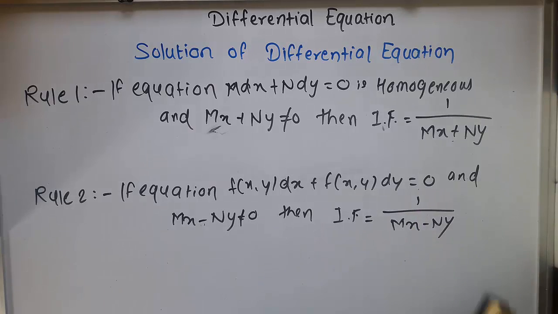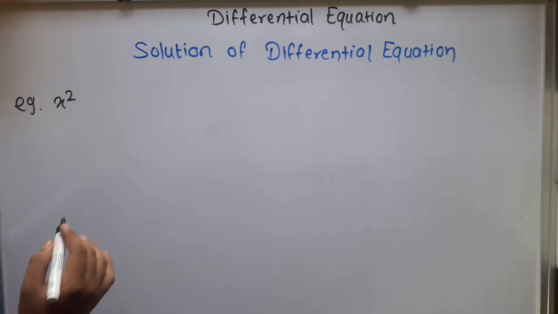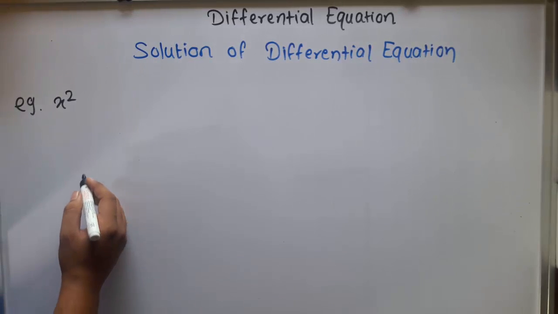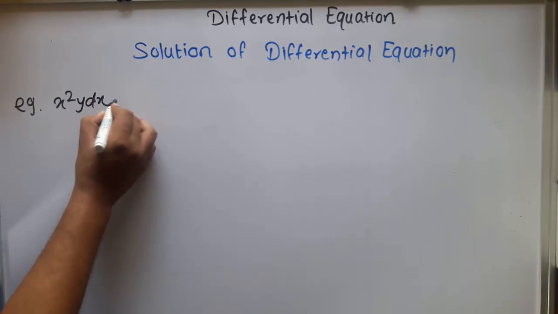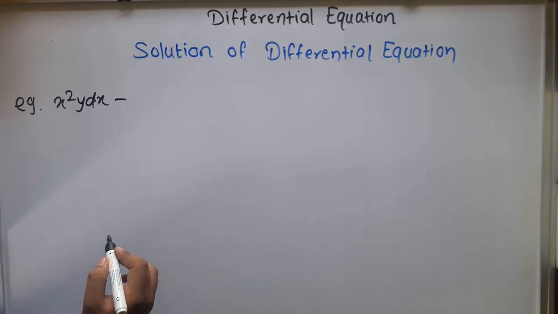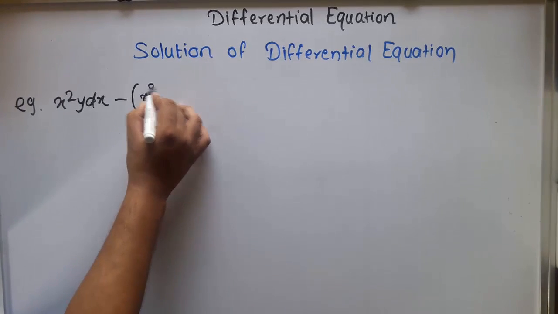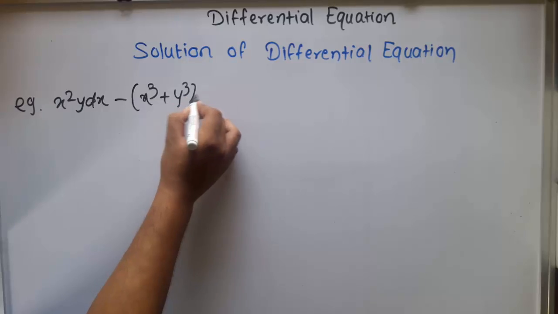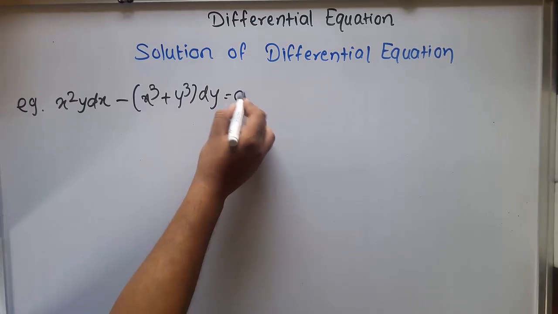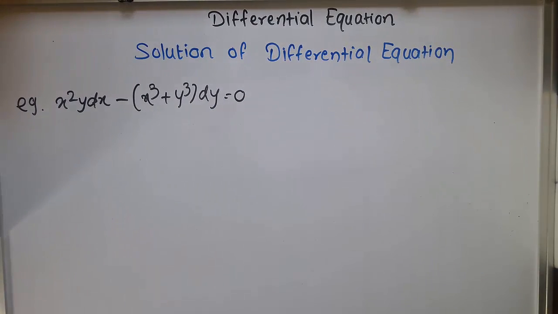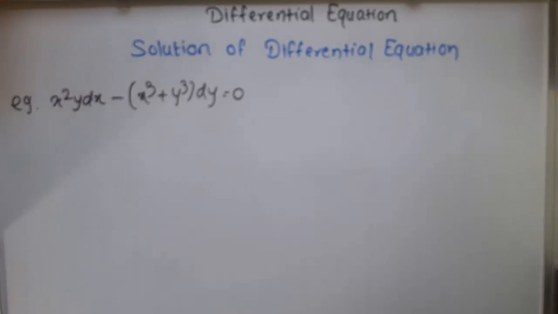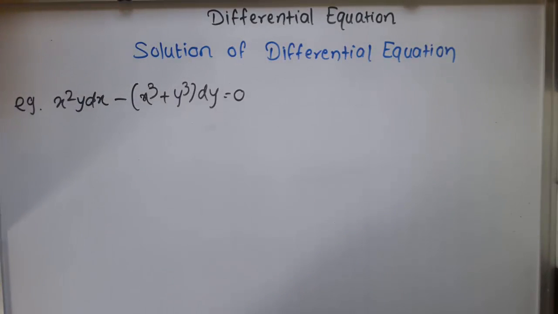I will show you with the help of an example. Example: x square y dx minus (x cube plus y cube) dy equal to 0. This is our equation. To find the solution, first we check whether this equation is exact or not.